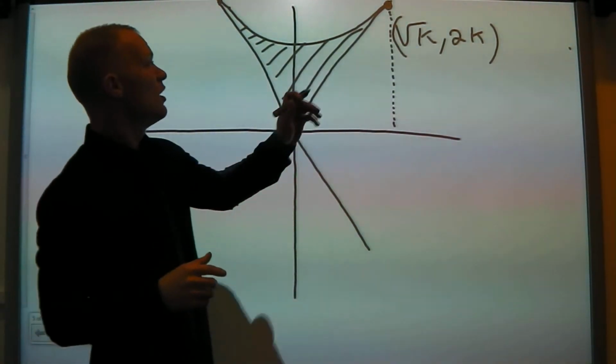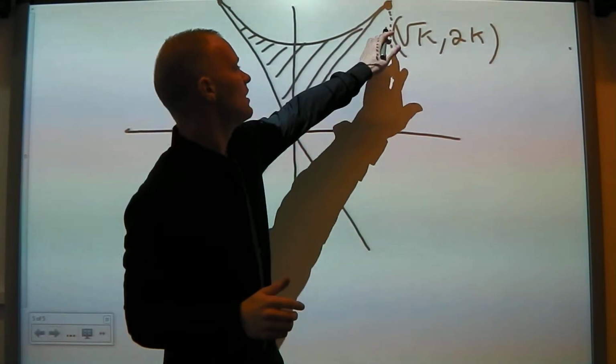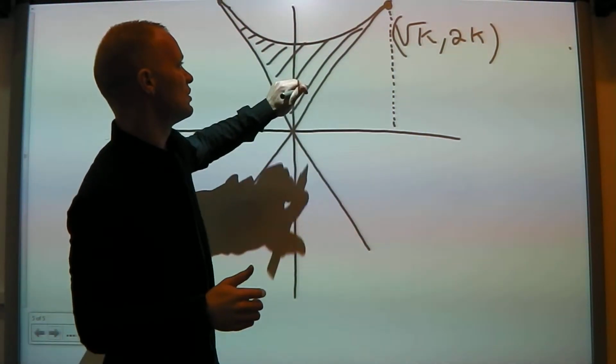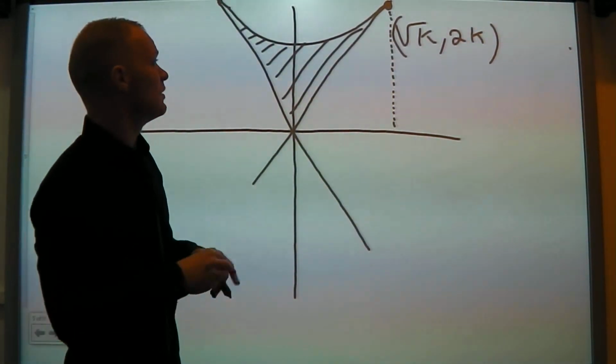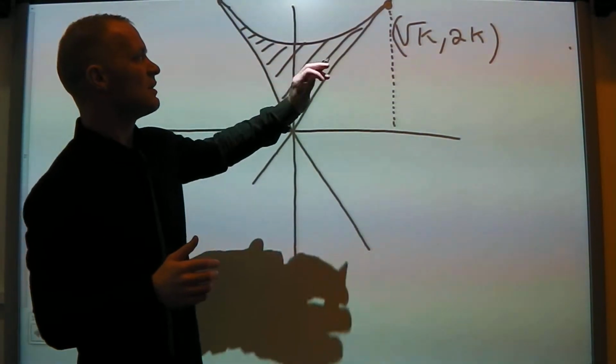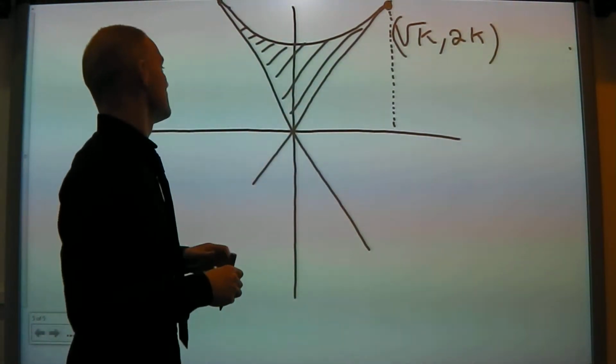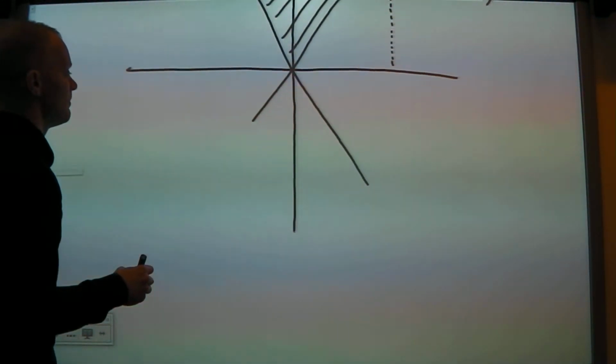Now what we could do here is find the integral from minus root k to root k, and then subtract the area of the two triangles. But you're better off finding the area of just this one triangle and doubling it, because that means your limits will be root k and 0 rather than root k and negative root k. So we'll just lay this out now properly.